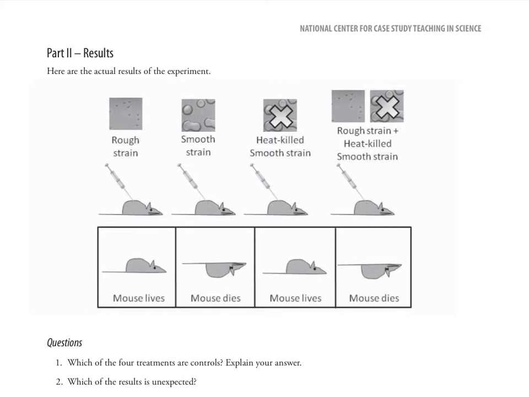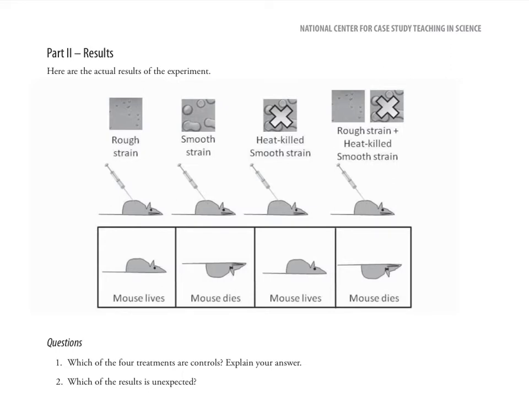All right. And if you didn't, please don't go back and change the answer. You making the guess as to what actually happened, it doesn't matter whether it matches what actually happened or not. This is not a betting class. This is about your logic. Did your logic make sense? If you thought the rough strain was going to kill the mouse, my question to you is, why did you think that?